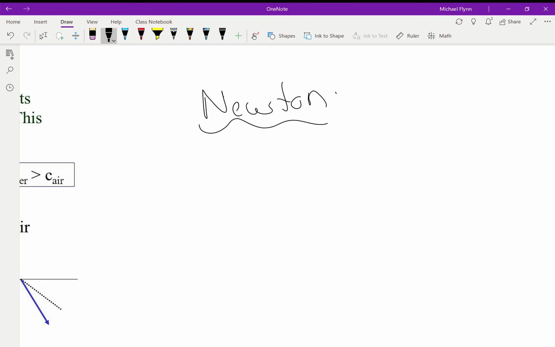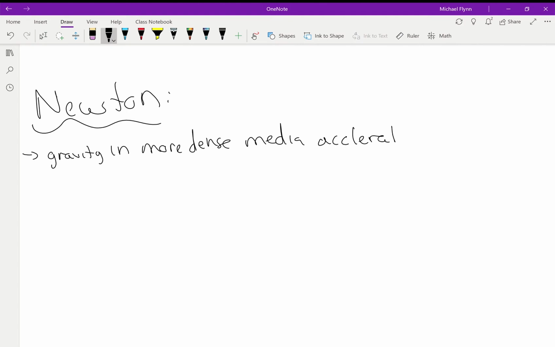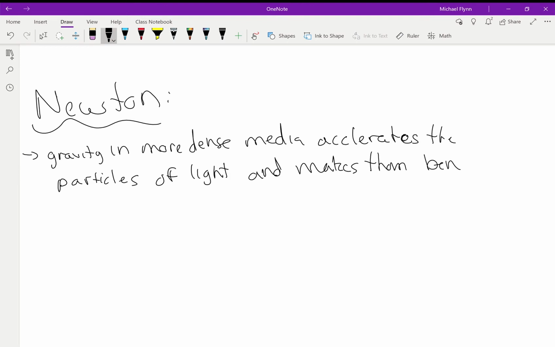For Newton, he said the gravity in more dense media accelerates the particles of light and makes them bend toward the normal.